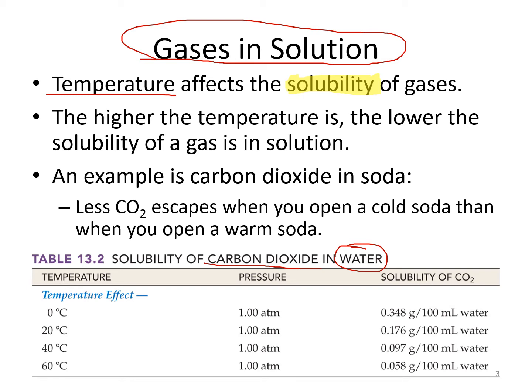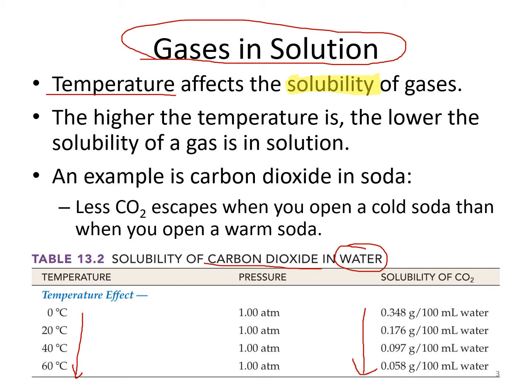So what happens when you heat up your soda, or what happens when you heat up your beer? One, it's going to taste gross, but also what happens to the CO2 numbers? What happens to the solubility of CO2? So as the temperature goes up, the solubility of your gas goes down.